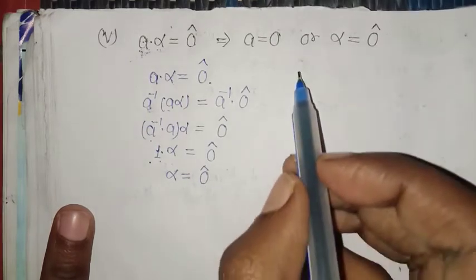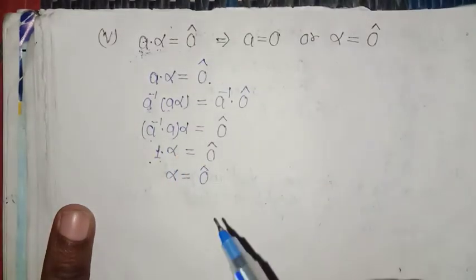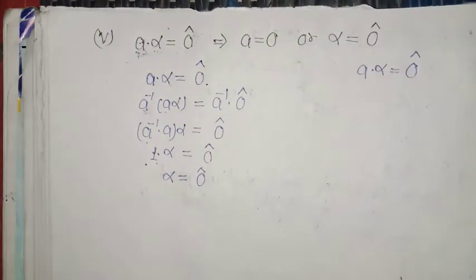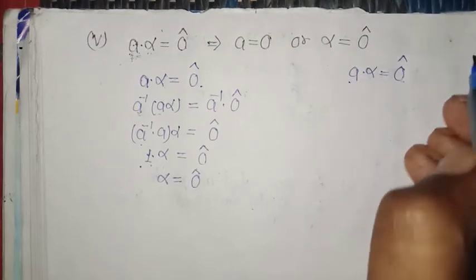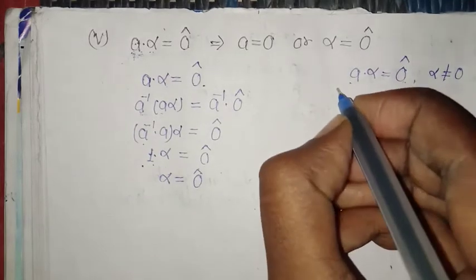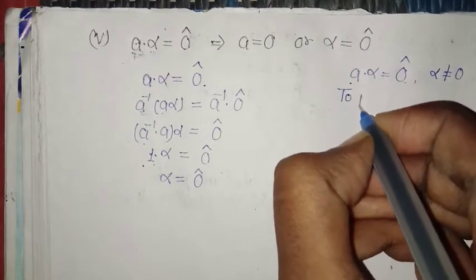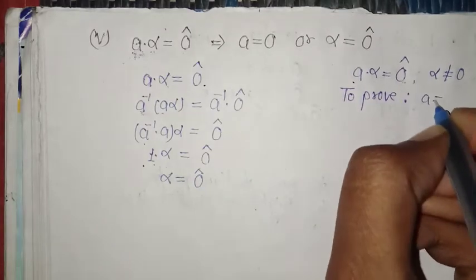Now we will prove that this product also implies that the scalar may be a zero scalar. So let A dot alpha equal the zero vector, and alpha is a non-zero vector here. Then we have to prove that A equals 0.